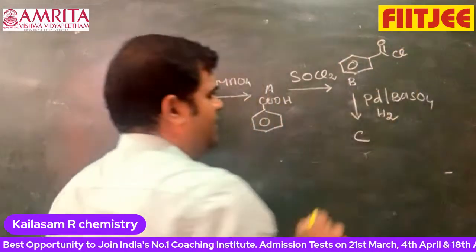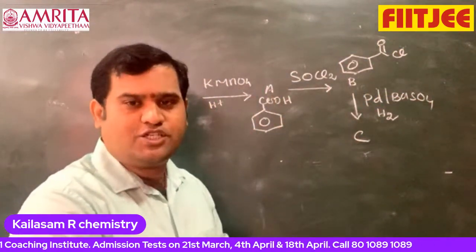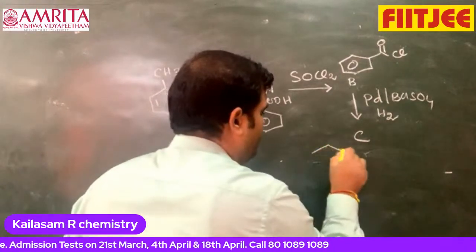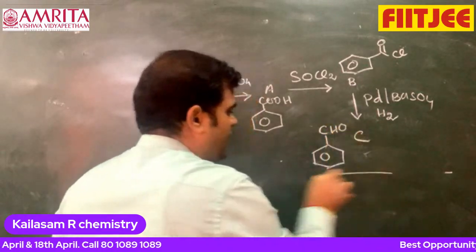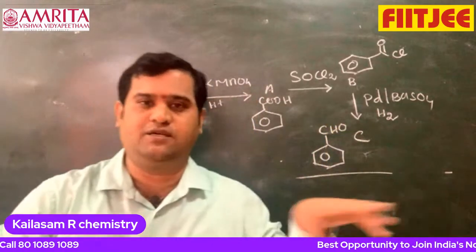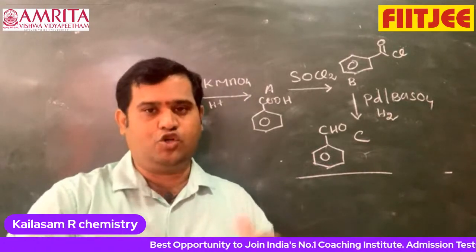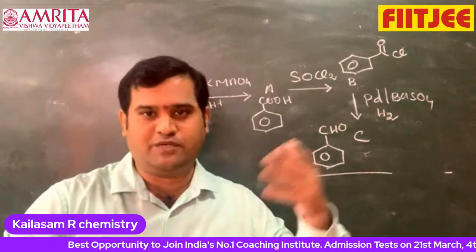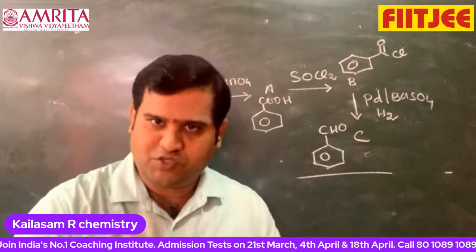Now we know the reaction is called Rosenmund reduction, and we get the aldehyde. That's all. This is what you may expect in a JEE Mains question. You should know all the naming reactions: Rosenmund reduction, Stephen's reaction, Gattermann-Koch reaction. Now next we will go.